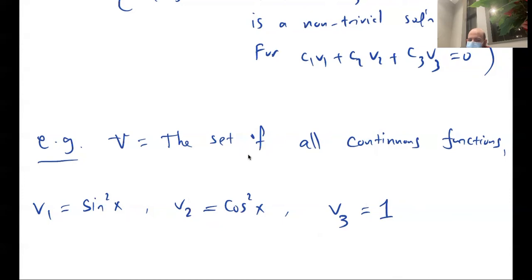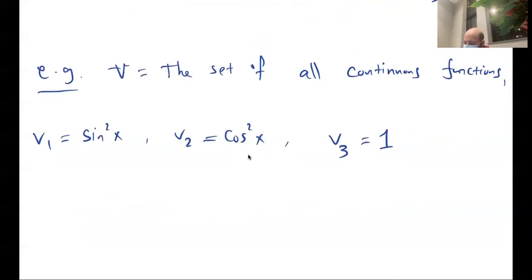Now, these three vectors are linearly dependent. How can I show that they are linearly dependent?